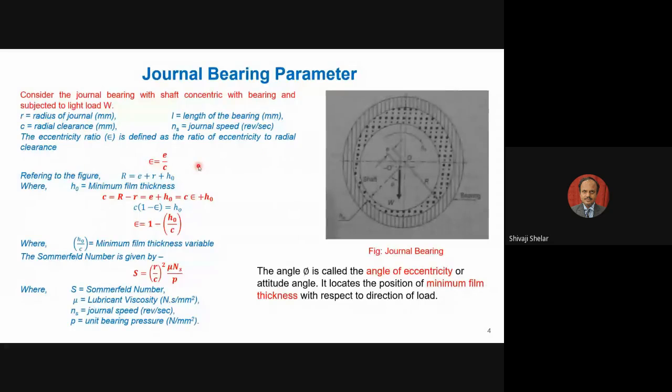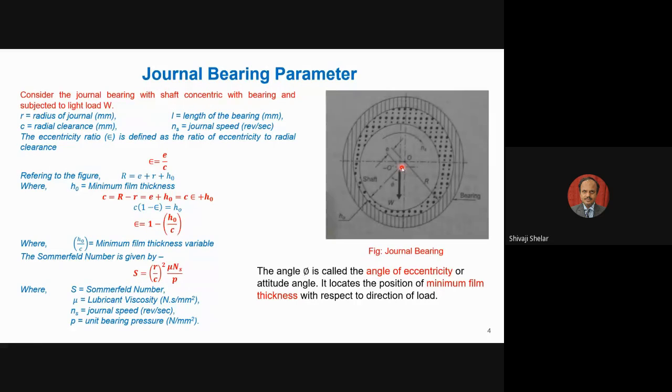Now let's define certain dimensionless parameters. One such dimensionless parameter is called the eccentricity ratio. Now why am I defining eccentricity ratio? When the shaft is rotating, the center line axis of the bearing, that is point O, and the axis of the shaft, which is at point O dash, are not aligned.